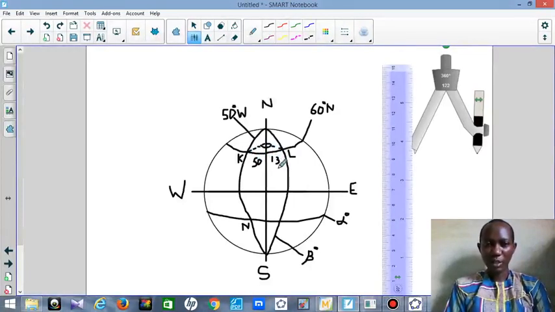And remember we got 63, so 50 plus 13, we are getting 63 as our answer. So the angle between K and L is 63. You can see how you interpret such a question. So take note of that.